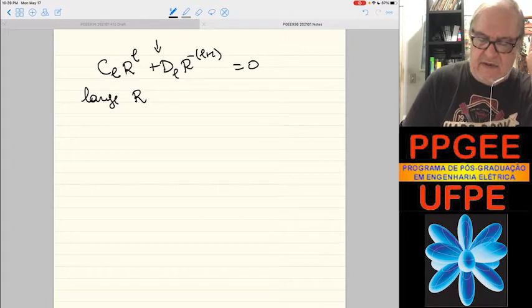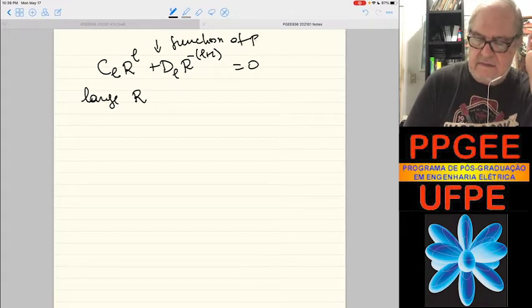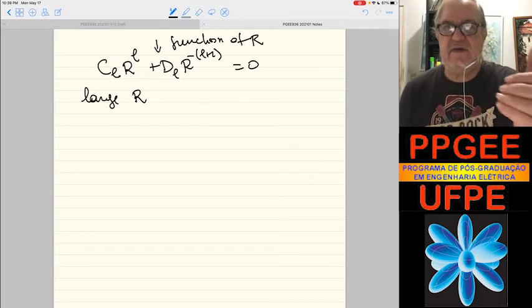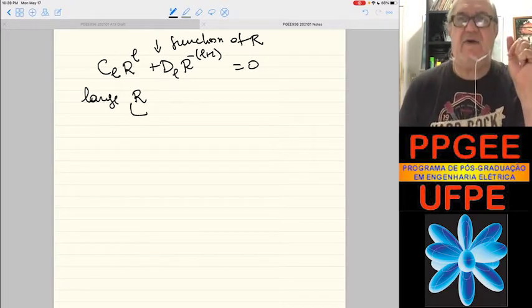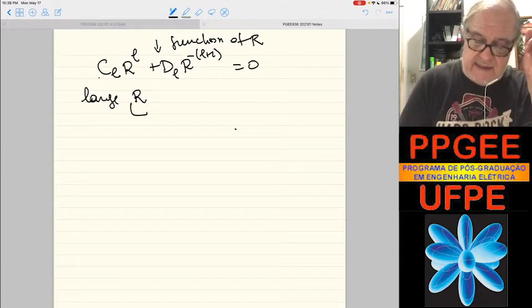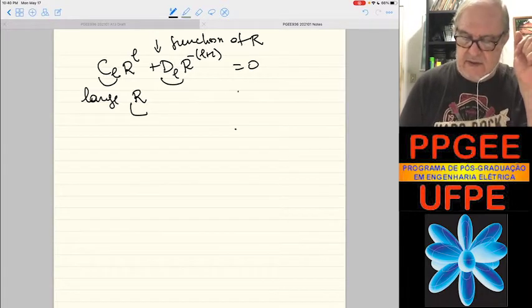But this is a function of R. So the only possibility for this function to be 0, whatever value of large R we use, is that we set CL equals 0 and DL equals 0. There's no other way.